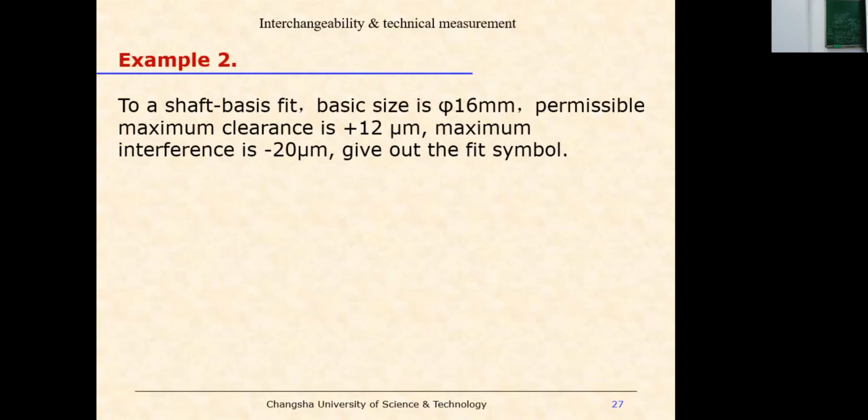Value ES, balance 11. So here you go. Understanding. So the hole is here.